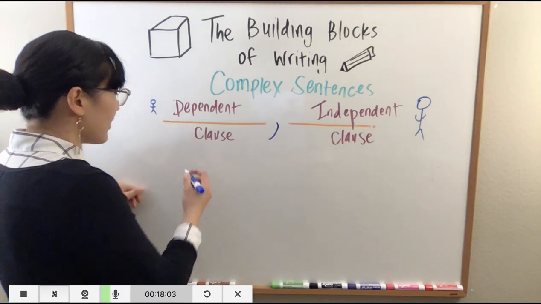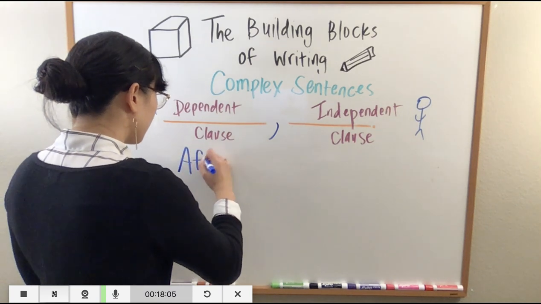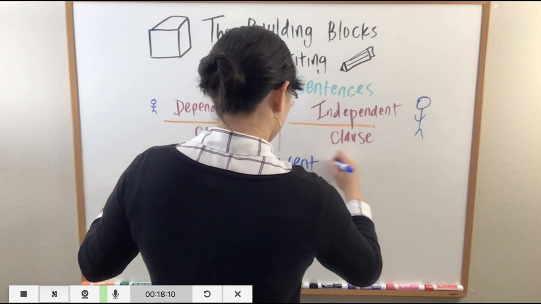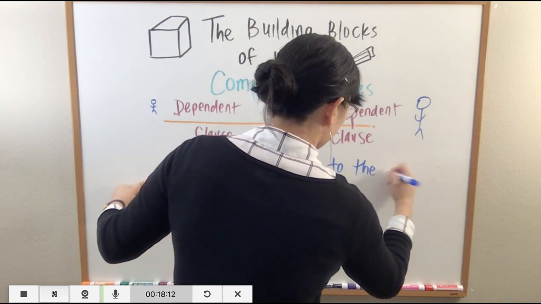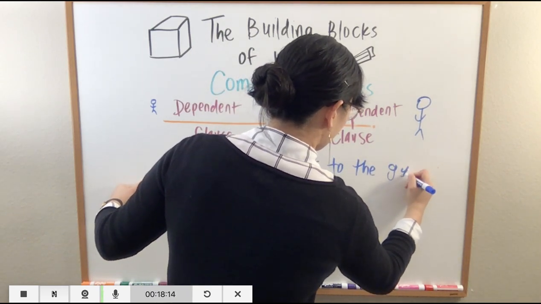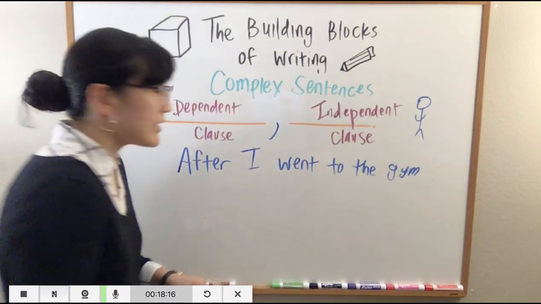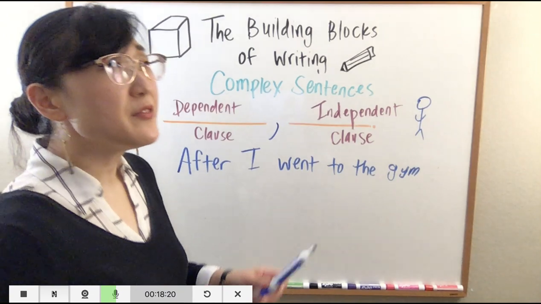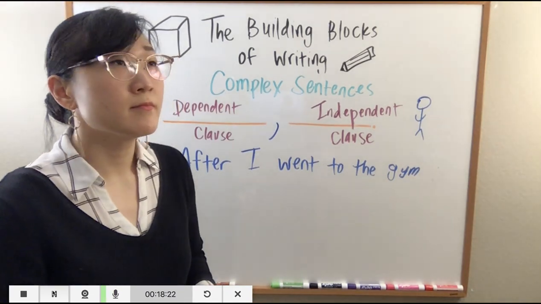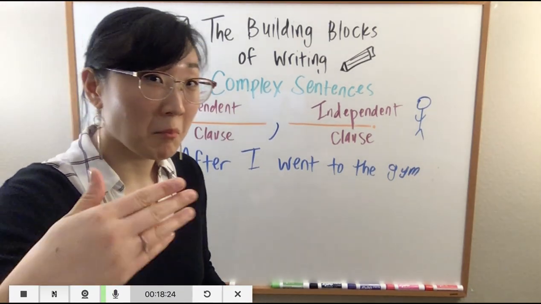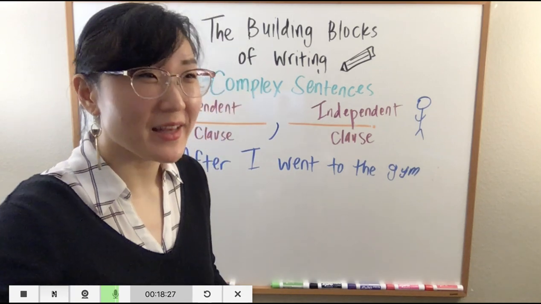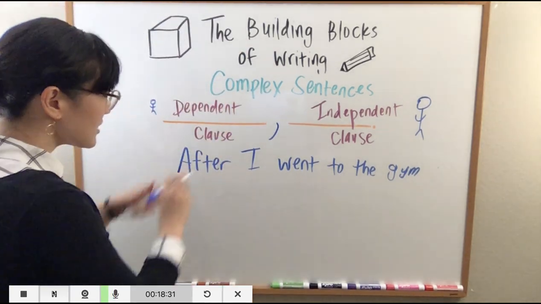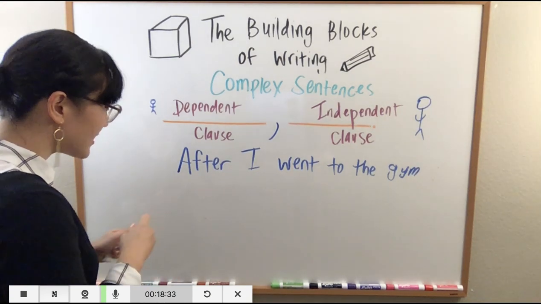So for example, if I say after, okay, if I'm talking to you and we're having a conversation and I say, okay, so after I went to the gym, what? Right? You're like, what, Caroline? What else happened, right?